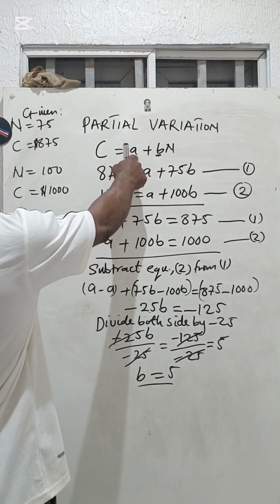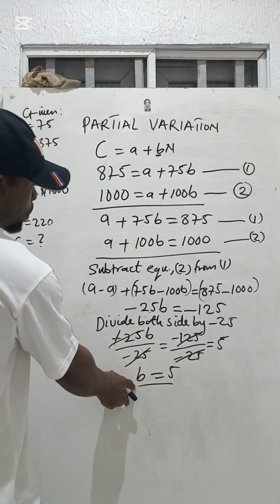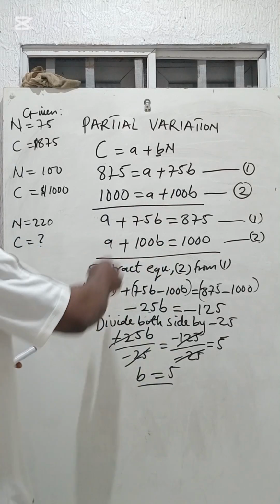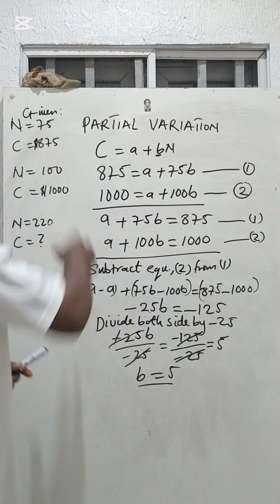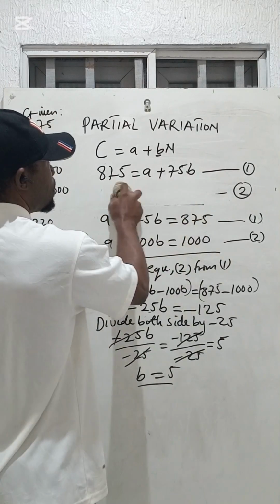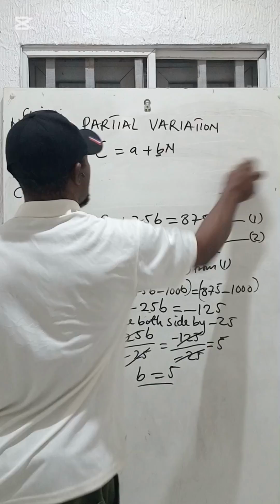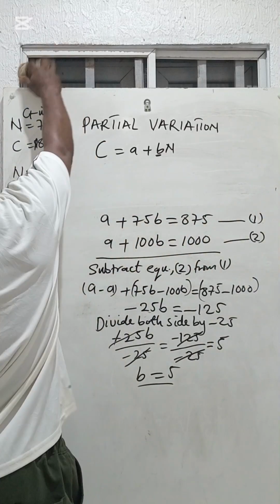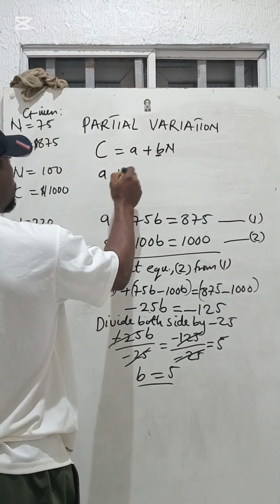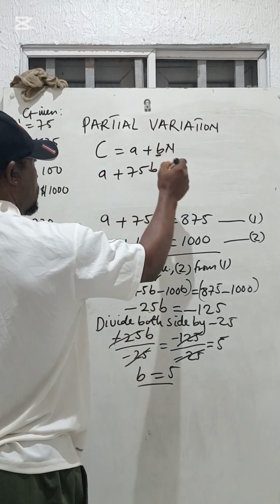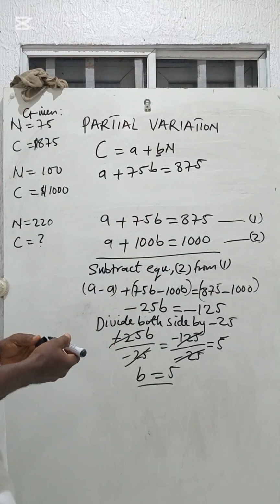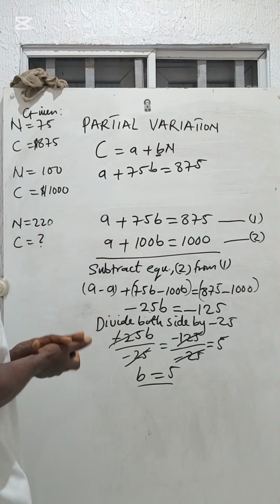To get the value of A, I will substitute the value of B into any of my equations. I'm going to choose the first equation. Let me create space by wiping this part of the board. A plus 75B is equal to 875. I can use any of the equations, I just decided to use the first equation.